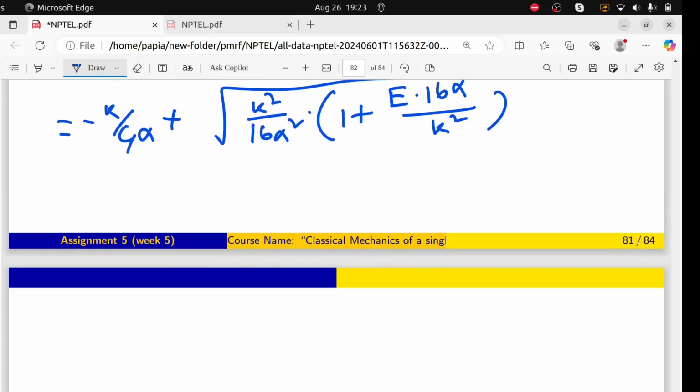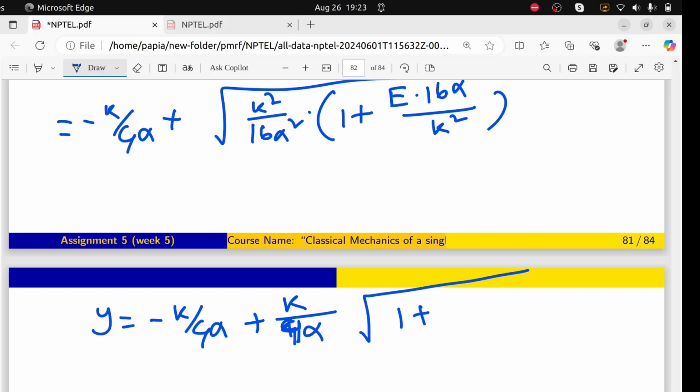So our y has minus k by 4 alpha plus k by 4 alpha root over 1 plus 16 E alpha by k square.